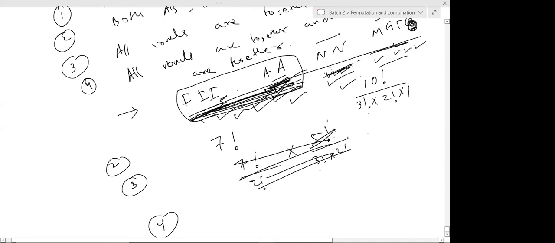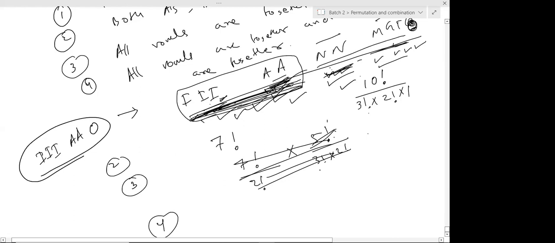I forgot the O. So we need to make a bundle of 3 i's, 2 a's, and O, right? One bundle is this. So how many remaining letters? 5 plus 6. So 6 factorial divided by 2 factorial into 6 things are here. 6 factorial divided by 3 factorial. This is the answer to the third part.